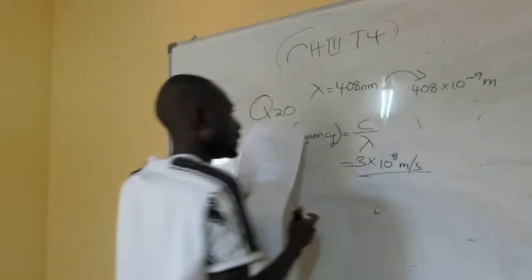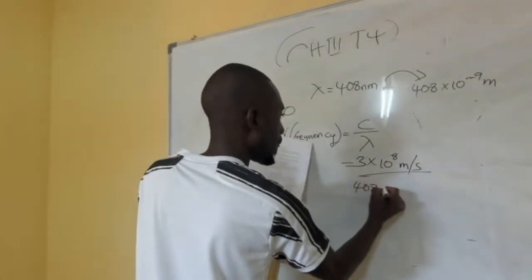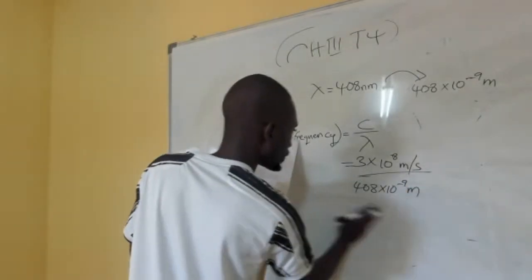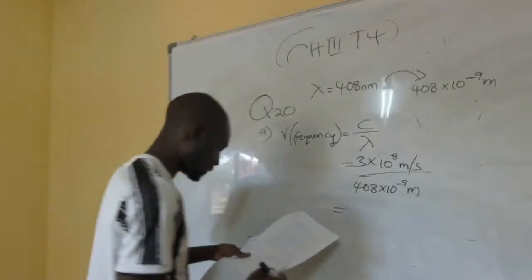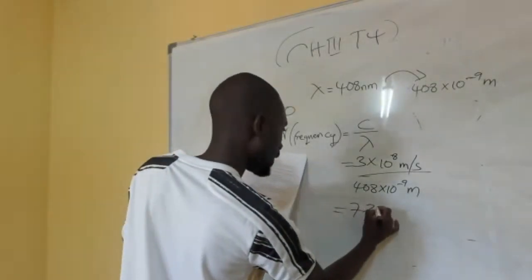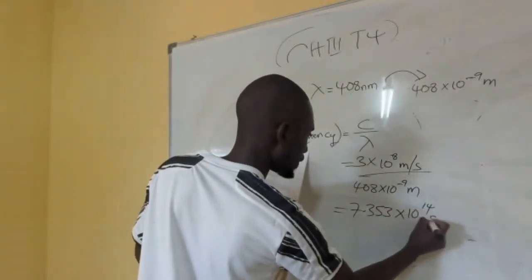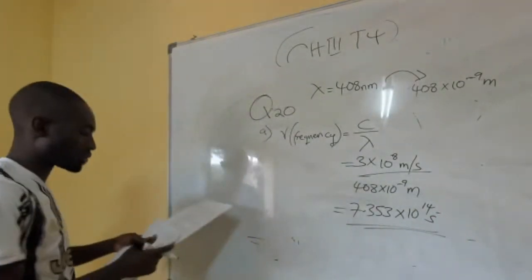So our frequency will be 7.353 times 10 to the power 14 per second. So we have solved A.